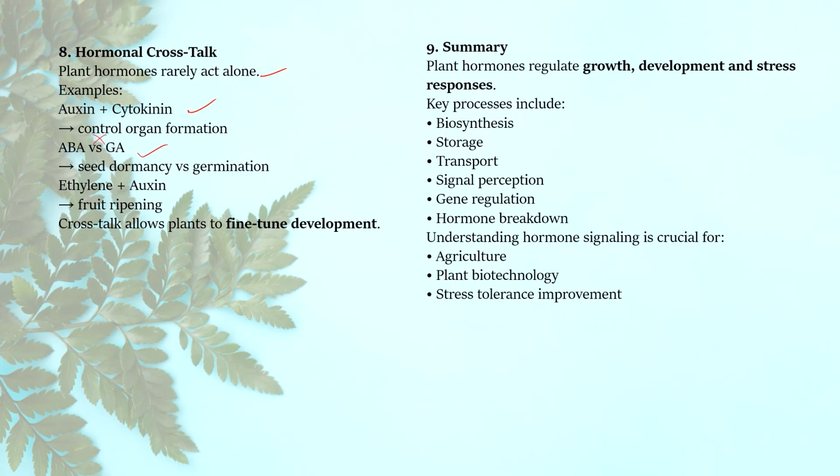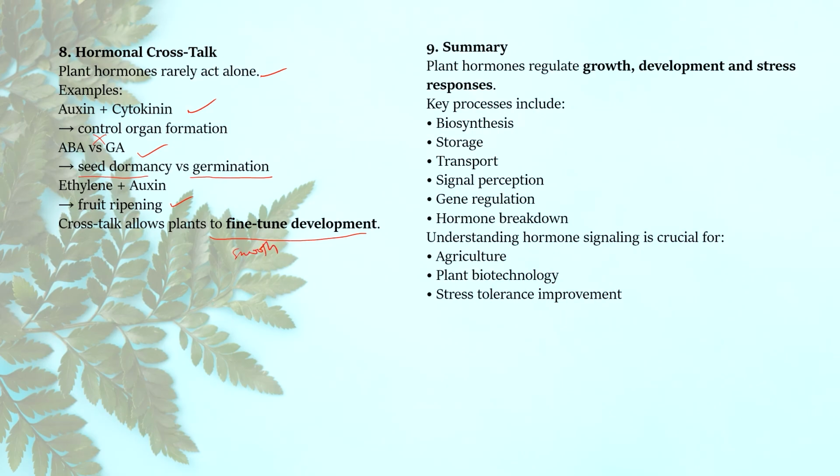If there is more abscisic acid, there will be seed dormancy. If there is more gibberellic acid, then seeds germinate quickly. So there will always be seed dormancy versus germination. Ethylene plus auxin. Both hormones promote fruit ripening. Crosstalk allows plants to fine-tune development. By this action, the work will be done smoothly.